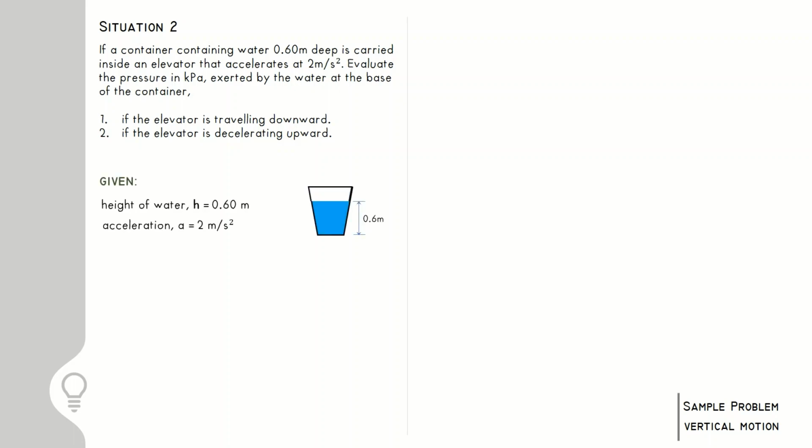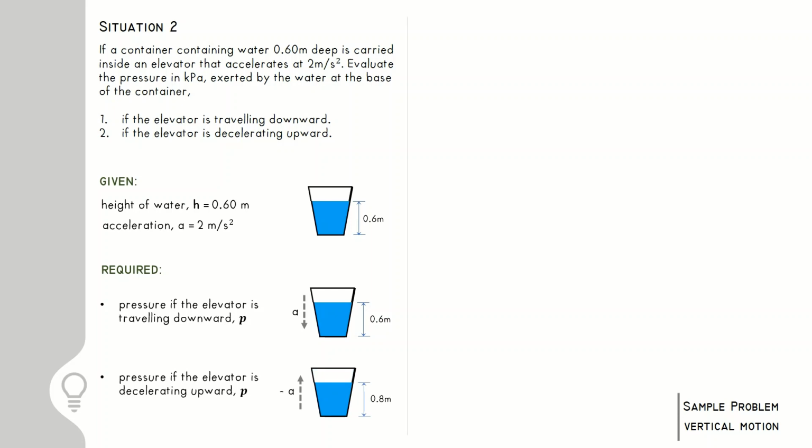So given the height of water in the container, which is 0.60 meter, and given also the acceleration of 2 meters per second squared, we are tasked to find the pressure at the bottom of the container if the elevator is traveling downward and if the elevator is decelerating upward.